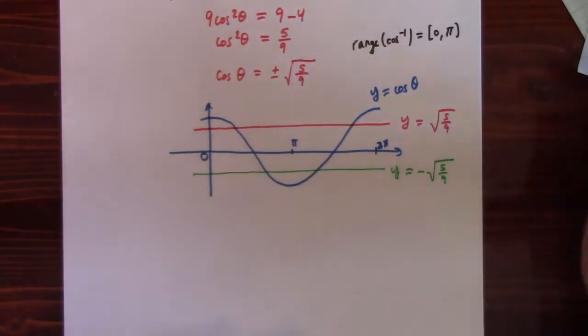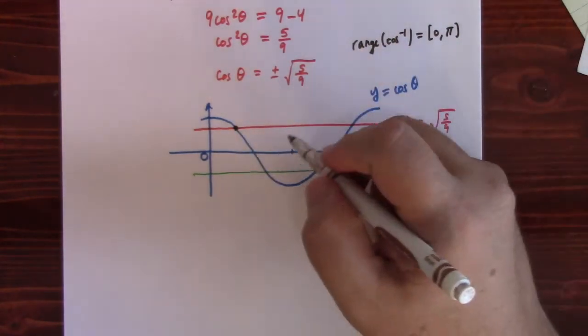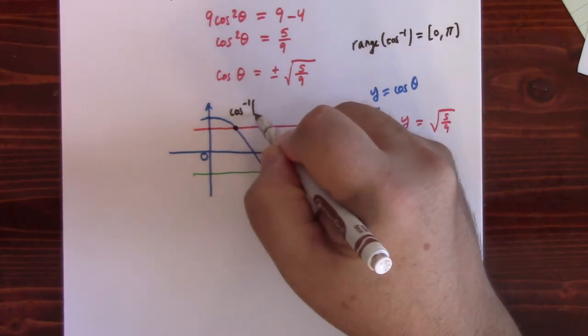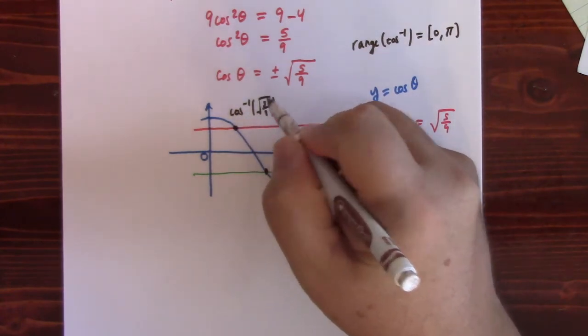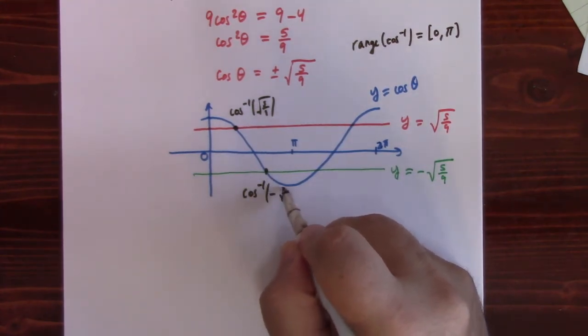So if I calculate inverse cosine of 5/9, it's going to give me this point. If I calculate inverse cosine of -5/9, it's going to give me this point. So this is just inverse cosine of the square root of 5 over 9, and this is inverse cosine of minus the square root of 5 over 9.